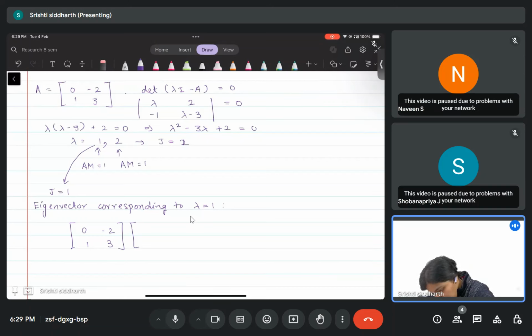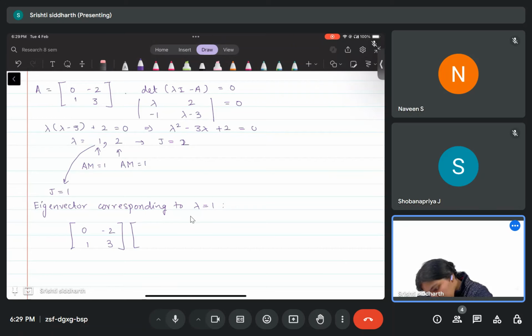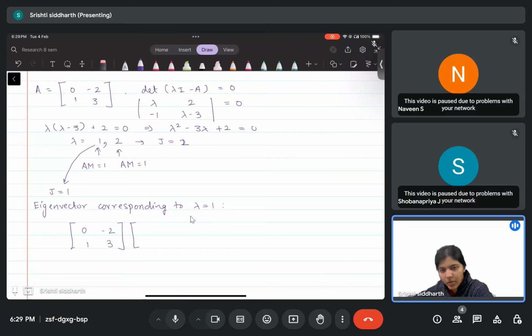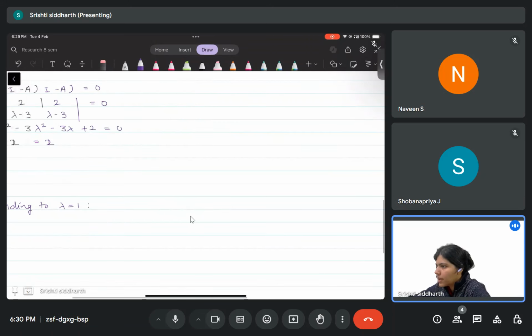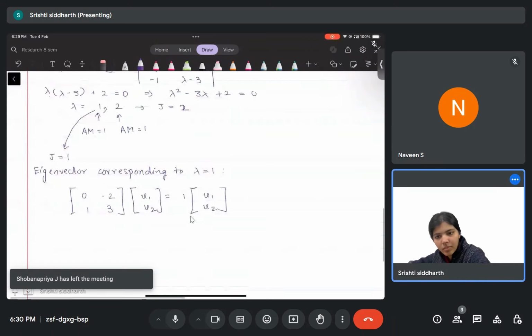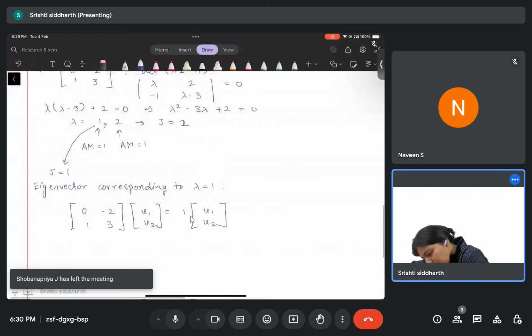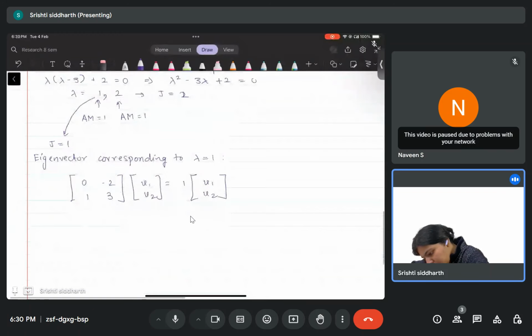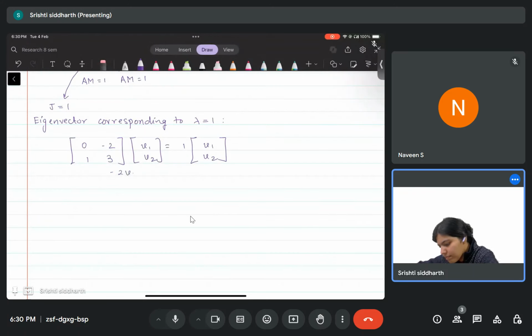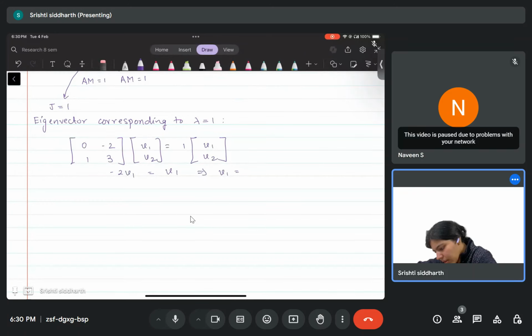We're saying that we have some eigenvector v1, v2 such that A times v equals lambda times v. We have to solve for v1 and v2. So let's see: minus 2 v2 equals v1.